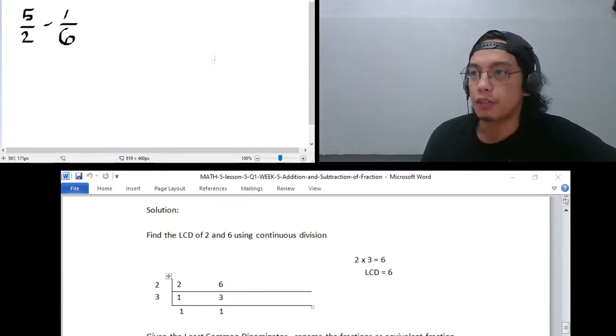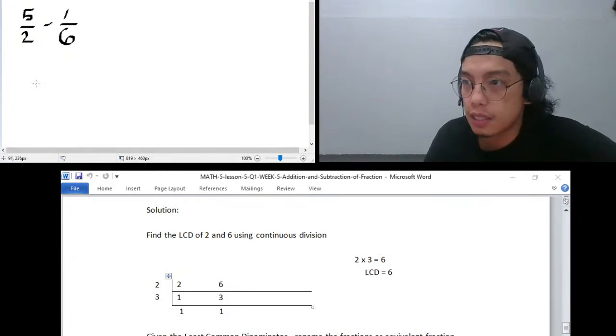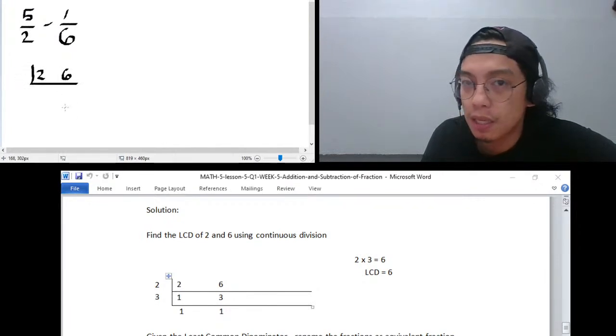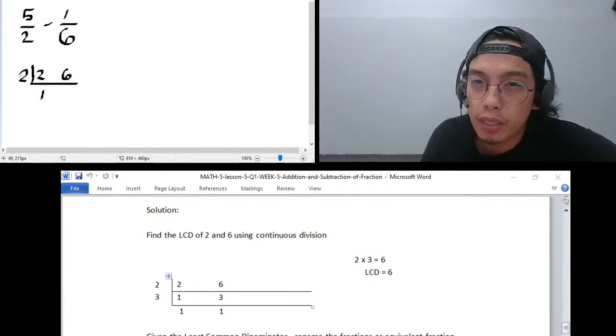So, atong i-find ang 2 og 6 LCD nila. Ang ato rin 2 and 6. Okay. Unsay number na pwede silang ma-divide. So, 2 ang i-suggest. So, 2 divided by 2 is 1. 6 divided by 2 is 3.